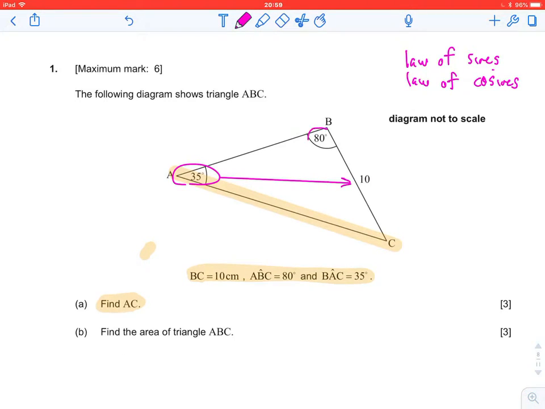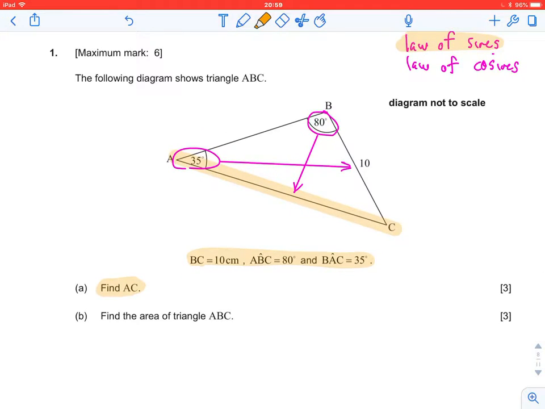We also have another angle measure of 80 degrees, which is opposite a side that we would like to know. This is the perfect situation for using the law of sines. This is a textbook case of using law of sines simply because we have a side that is opposite an angle we know, and a side that we want to know that's opposite another angle that we know. So let's go right into it and use law of sines for this problem.